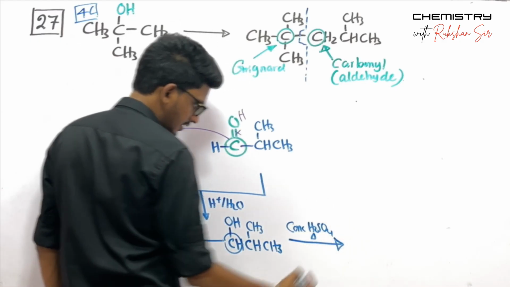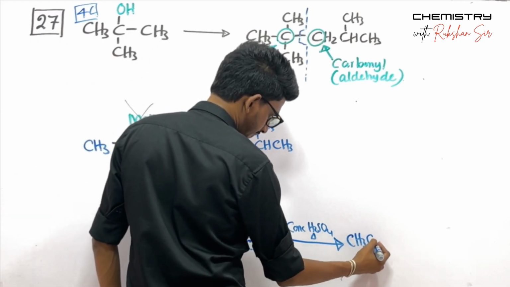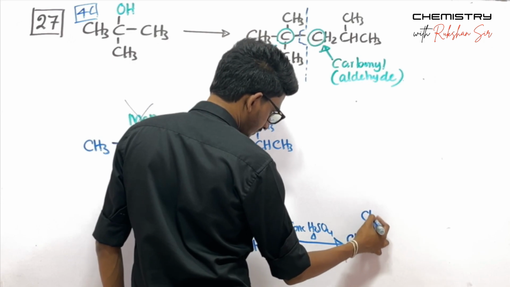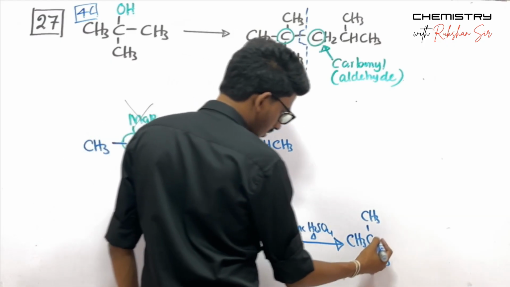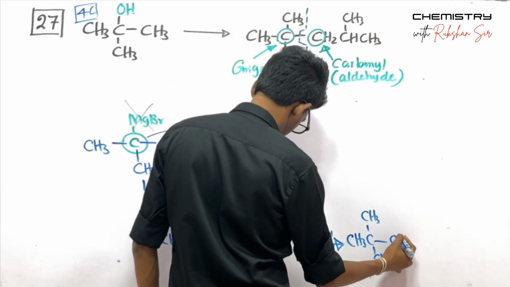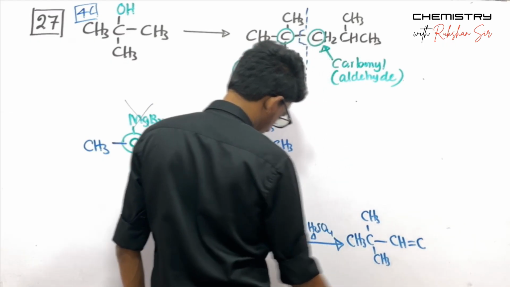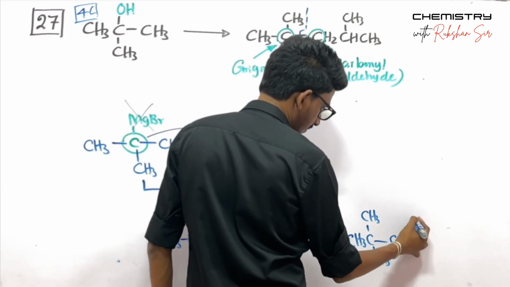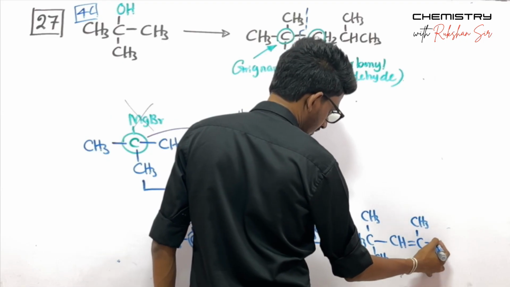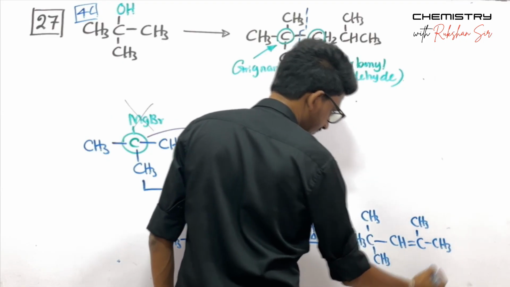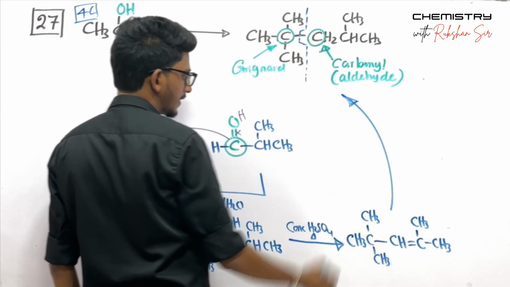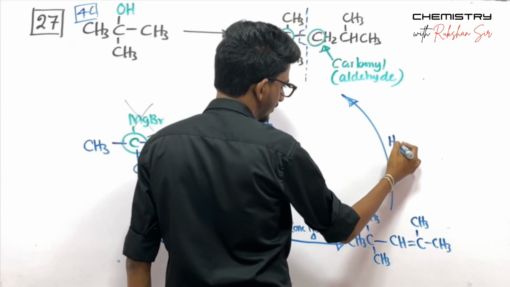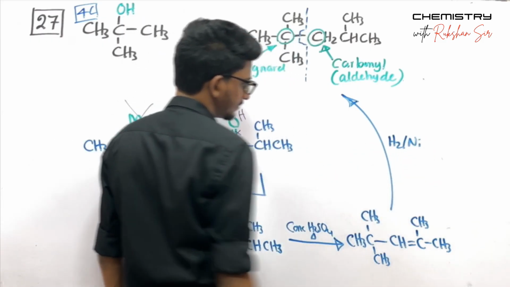Dehydration. So CH3, CH double bond, CH3 and CH3. Now just hydrogenating: H2 nickel, H2 Pd, H2 Pt, right?